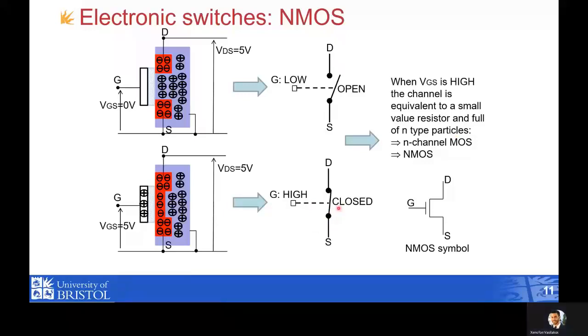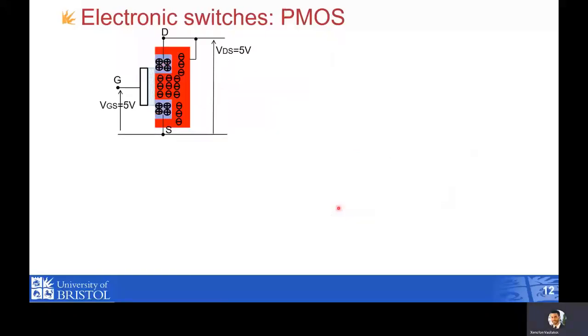Now, think of it for a moment. If this is one flavor, then what would the other one be? Well, if you thought about positive particles, you are correct. There are also PMOSs.